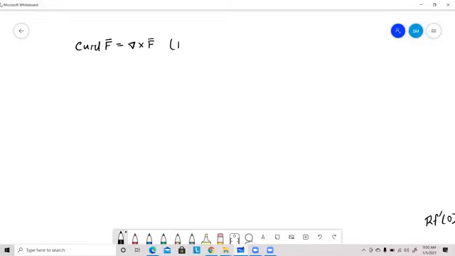Now if f is defined as f1 i plus f2 j plus f3 k, then how could we evaluate the cross product? Anyone? How can we evaluate the cross product?